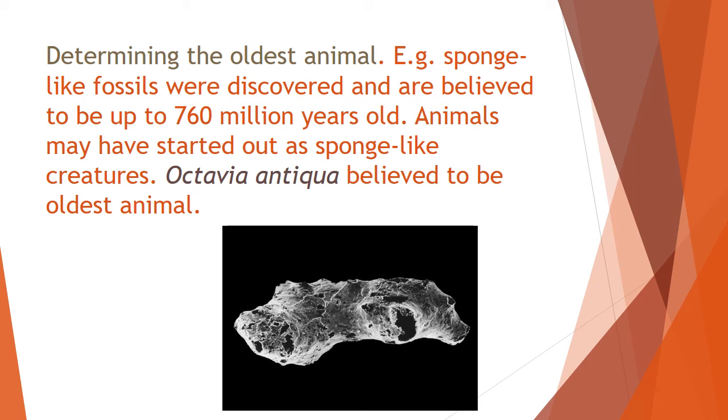It is believed that this sponge-like fossil is the oldest. They have even gone ahead to speculate that other animals might have started out as sponges before progressing, and then we have fishes, reptiles, and the rest. They started out as sponges because this is the oldest animal. This is how it is.